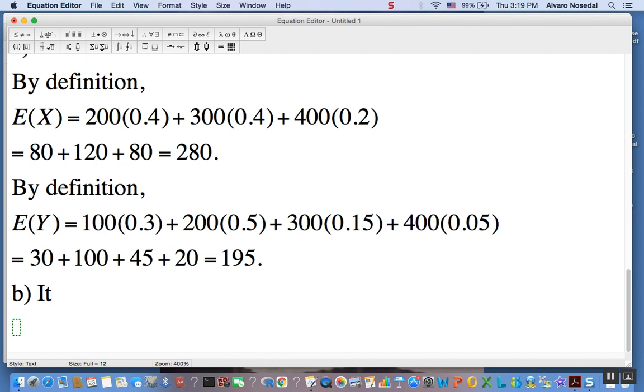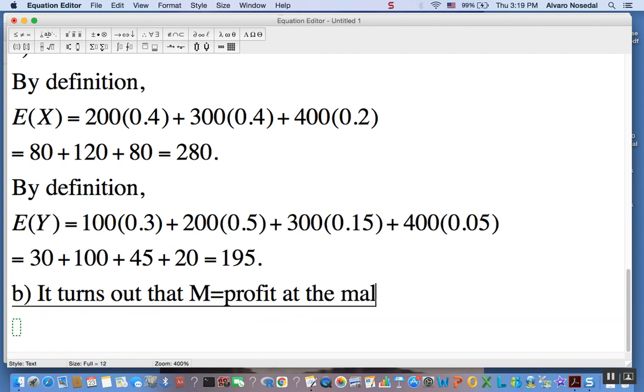So let me use M for the profit at the mall location. And that profit happens to be $25 per phone.